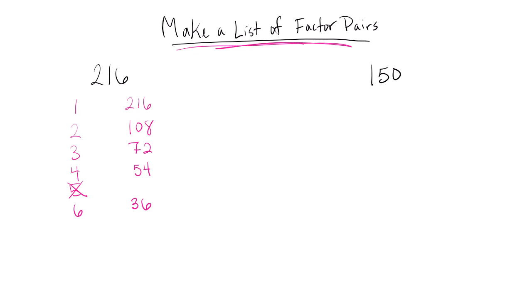Okay, so then we check, does 7 go in? 216 divided by 7 is a decimal, so that doesn't go in. There's not a real great way to check for 7s that I know of, at least. Maybe you can find a cool way. Let us know. All right, 216 divided by 8 is 27.